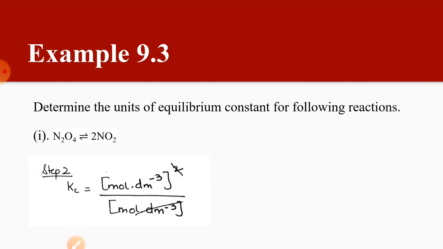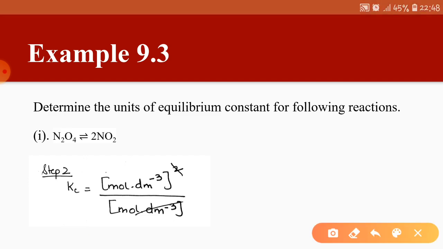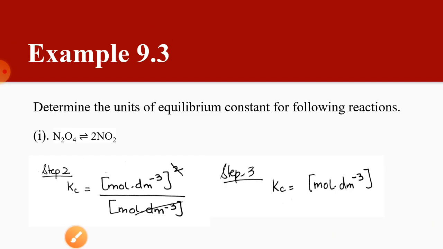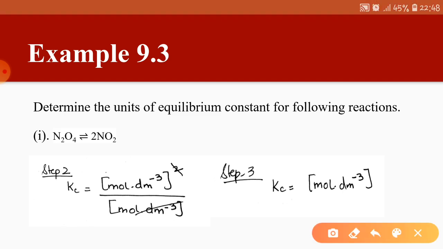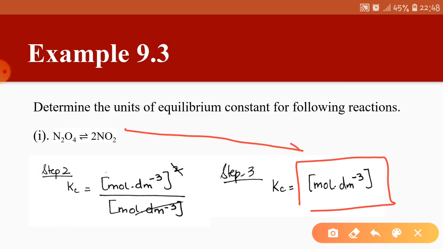This mole per decimeter cube will cancel one of the concentration units in the numerator. So now after simplification, we get the units as mole per decimeter cube. So for this equation, the equilibrium constant has units mole per decimeter cube.